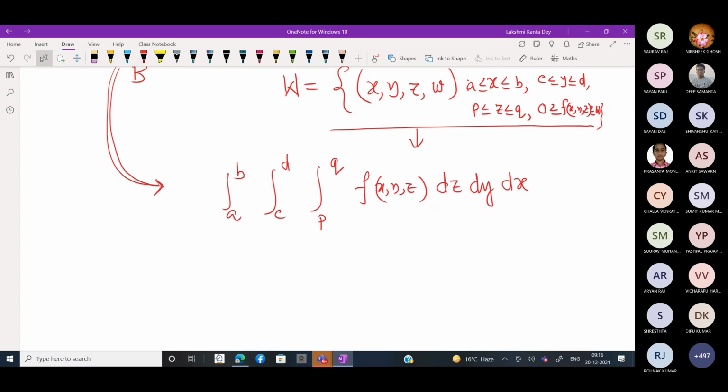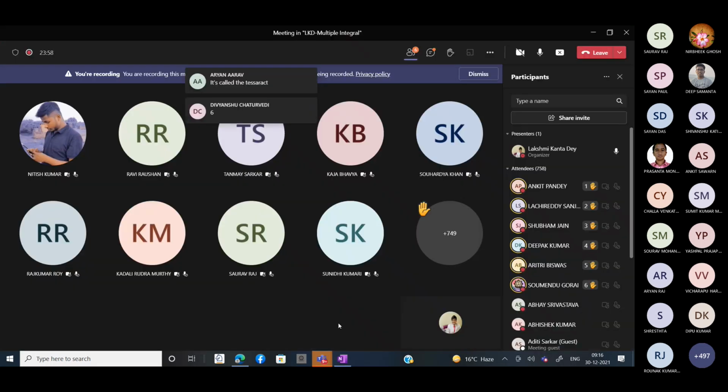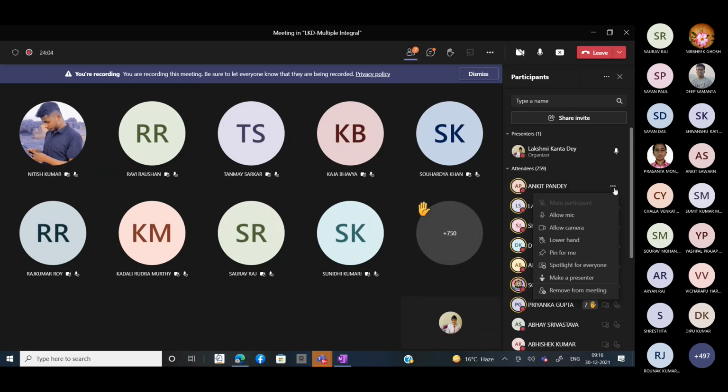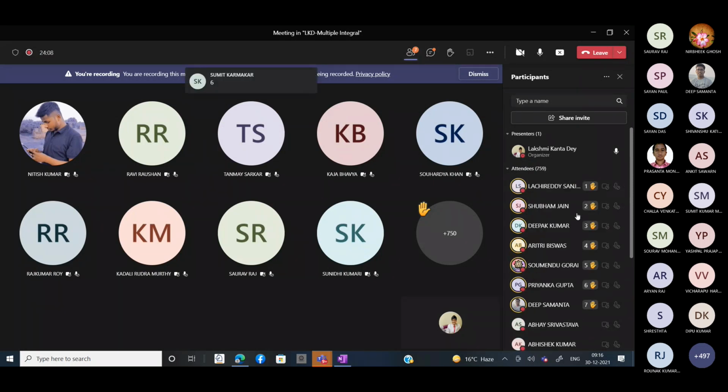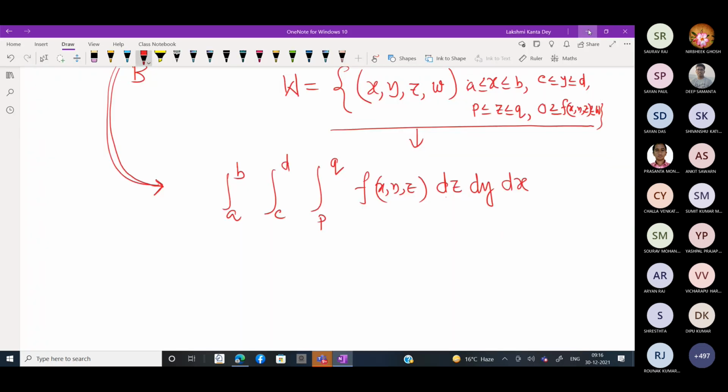So how many iterated integrals are there? Who can tell? Ankit, you are there? Yes, sir. Please tell. Sir, there will be 6 iterated integrals. Very good. Please mute.